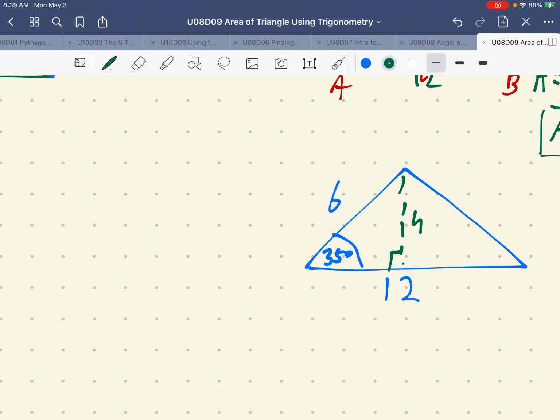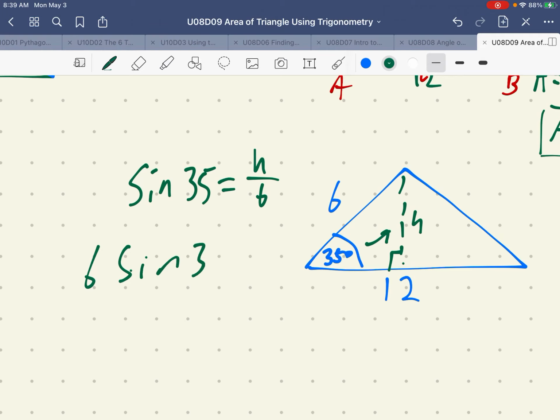So the height can be found using a trig ratio, and conveniently by using sine, we know 2 of the 3 pieces we're going to use in our trig ratio. The sine of the angle, which is 35, is going to equal the opposite, which for this angle is going to be h in this right triangle, over 6. So h will be equal to 6 times sine 35. This is the measurement of our height.